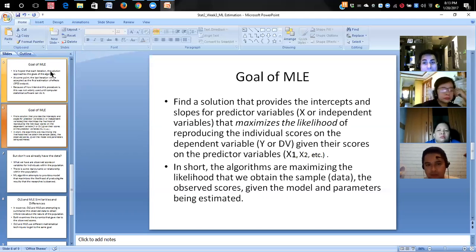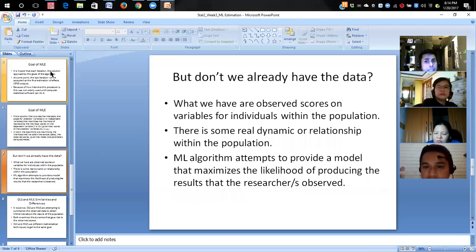It is the intercepts and the slopes, which I will explain very well in a little bit. So just hold on to this concept of intercepts and slopes, okay? Because these are going to be the output on SPSS that you will interpret. Without understanding intercepts and slopes, you will have a hard time interpreting the SPSS output.